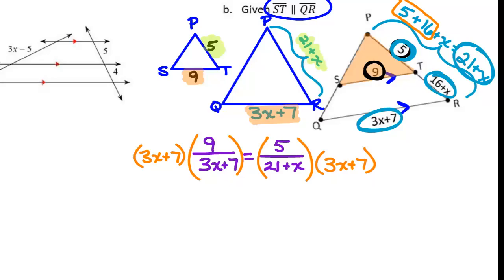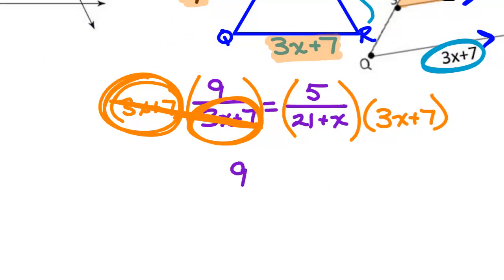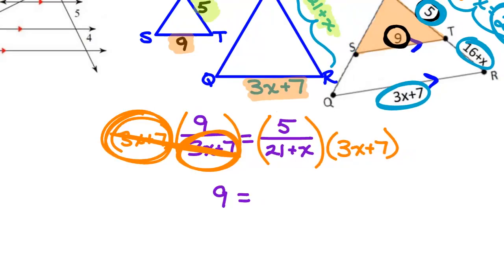Over on the left, what I'm multiplying by matches my denominator perfectly. And so that means they cancel out. Nothing happens to the numerator. We don't do any distributing to the numerator on the left because that 3x plus 7 canceled out totally, so it's gone. There's nothing to distribute with over on the left-hand side. So on the left, I just have 9 remaining.